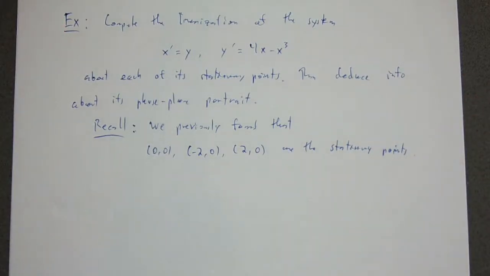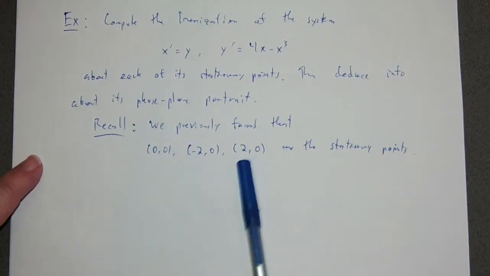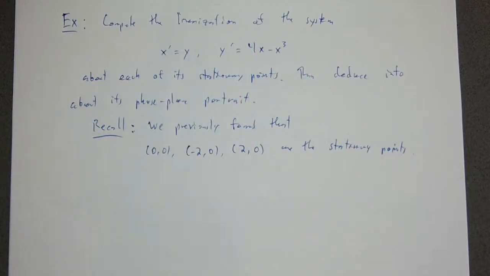Remember how we found this. You could either find these as critical points of the integral. We know that this thing actually has an integral, so we don't need these non-integral methods, but we're going to do them anyway because we already know what the answer is, so that we can check that what we get makes sense, right? We found that just by setting f and g equal to 0.